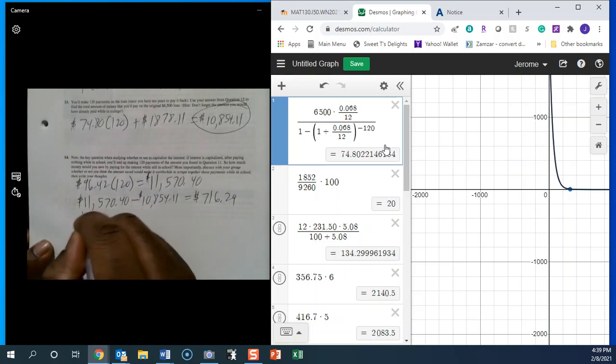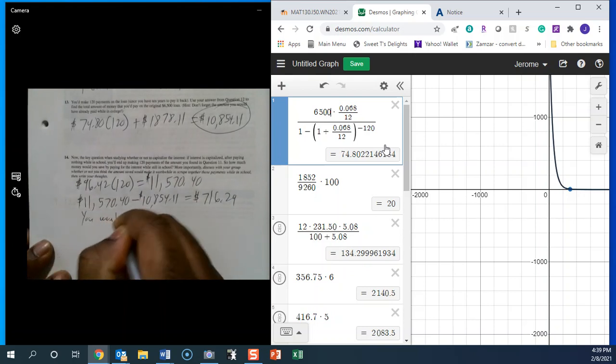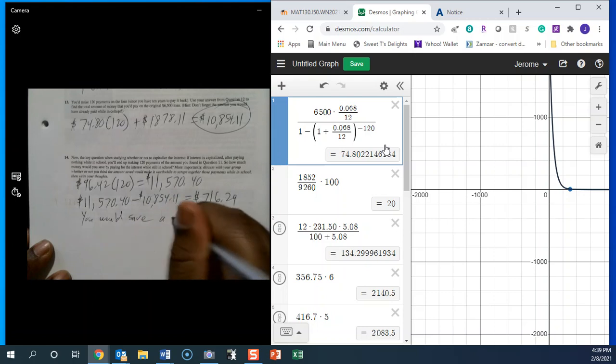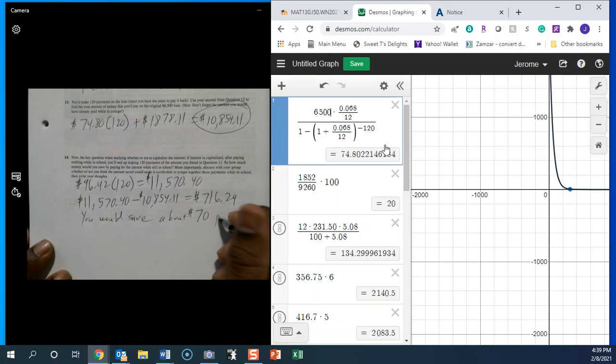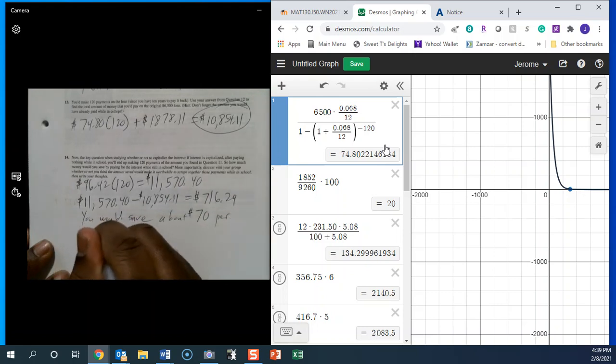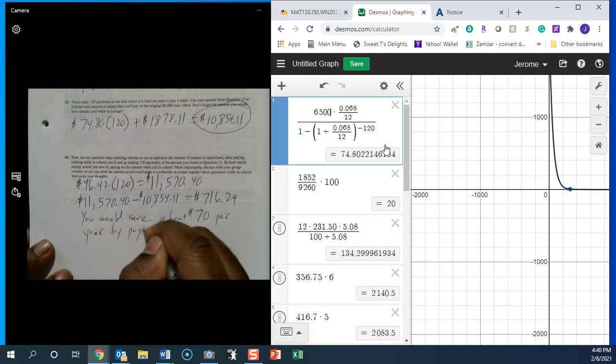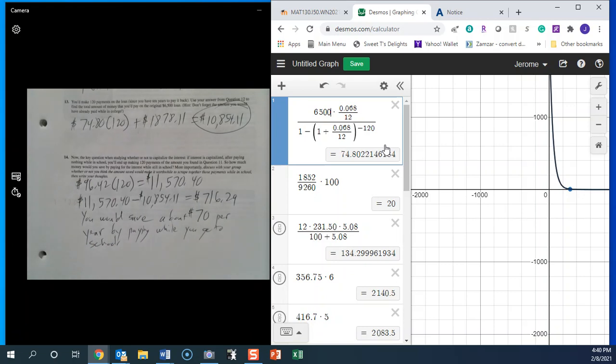So basically, you would save about $70 per year by paying while you go to school. Now, whether it's worth it or not is up to the individual. Yeah, it's really up to the individual.